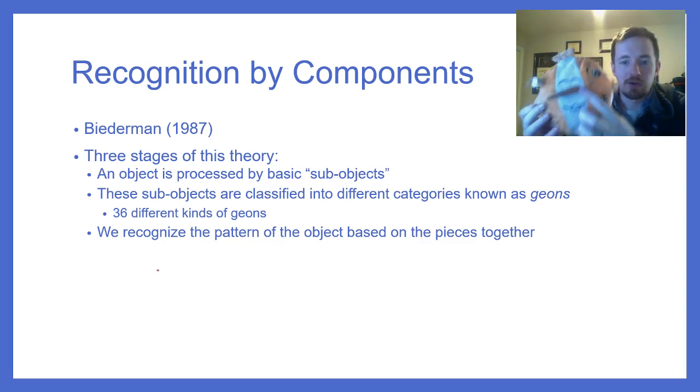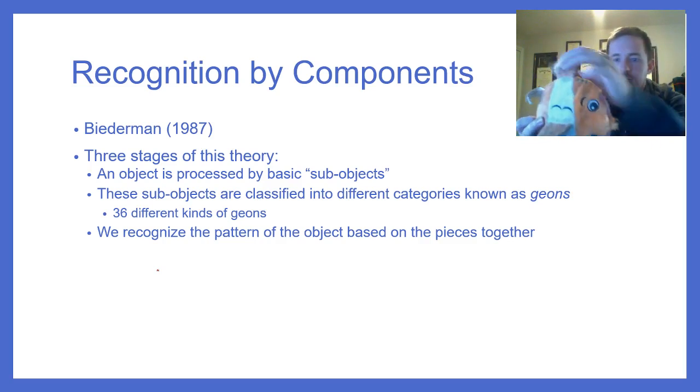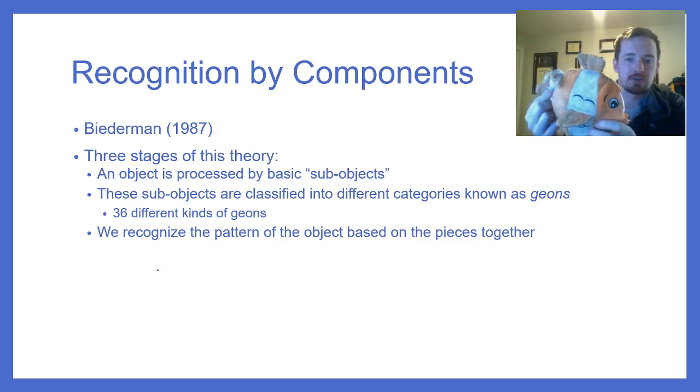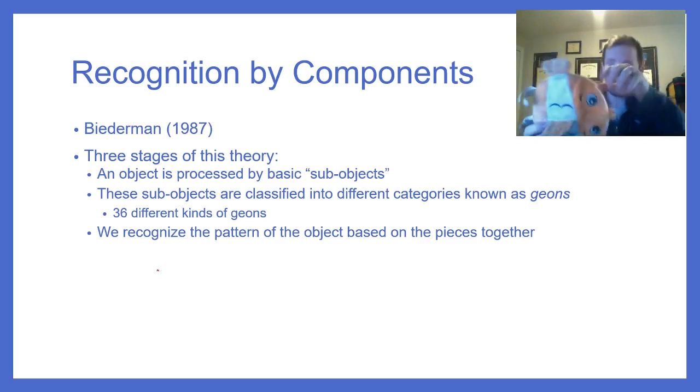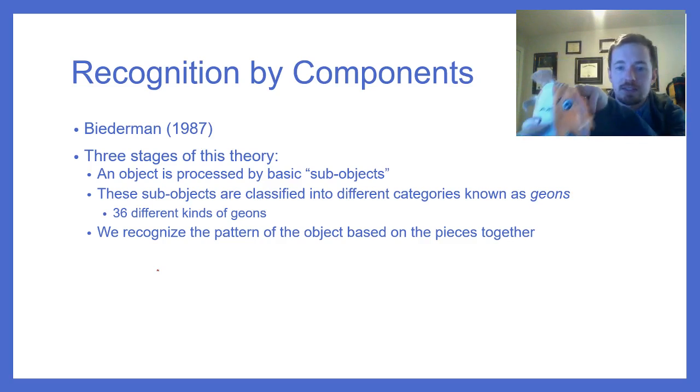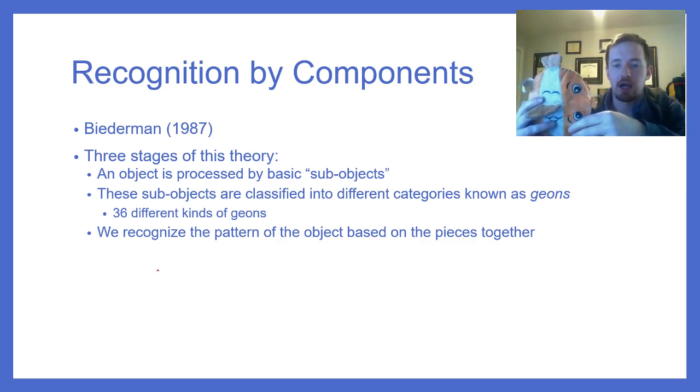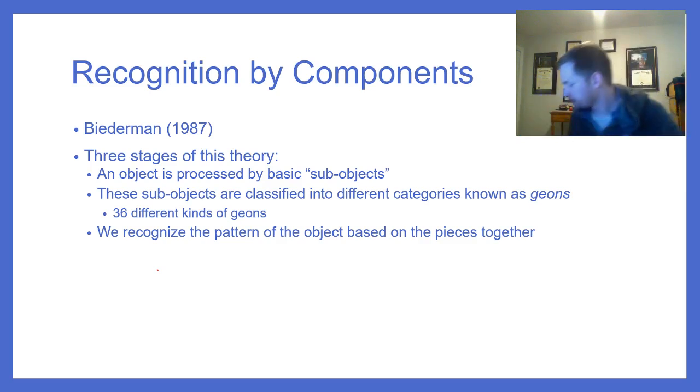And that's because you're breaking this down into its sub-objects. You've got a fin up here, you've got the eyes, you've got this tail over in the back here. And so you are seeing this as multiple objects. You're going to classify, okay, this is kind of a fin shape, this is kind of a fin shape, these are circles, and this whole thing is a circle. And so you would recognize those sub-objects, and then you would recognize the pattern in which those sub-objects are put together.